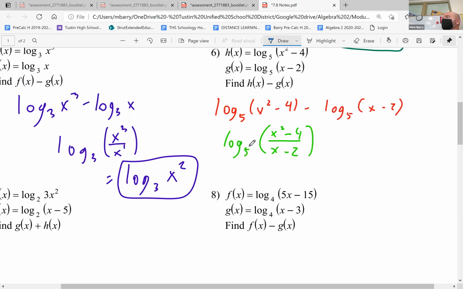And then this one, we're actually going to have a couple more steps here. Because if we look at this x squared minus 4 on top, that's our difference of perfect squares that we used to talk about. And so we can factor that one as x plus 2, x minus 2.